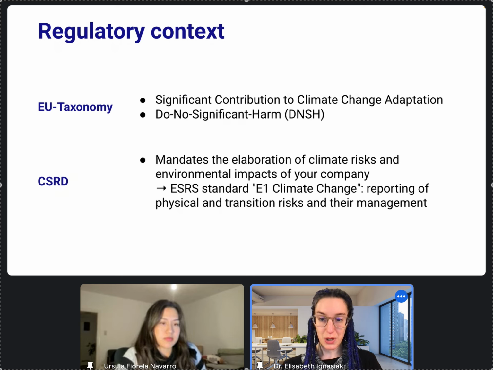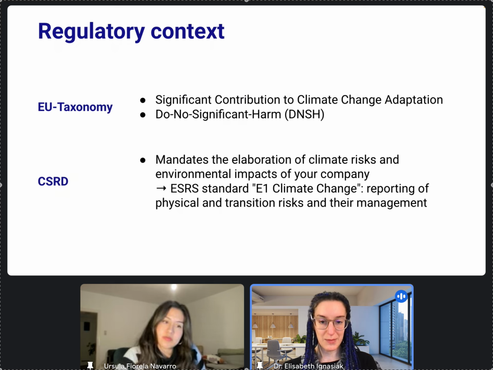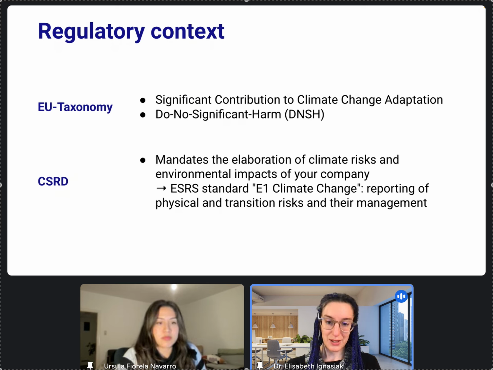And it is also part of the CSRD in the E1, the climate change ESRS standard. The reporting of physical and transition risks and the risk management of these risks is also part of the reporting requirements. So as you can see, if you fall under these regulations, it might be relevant for you.